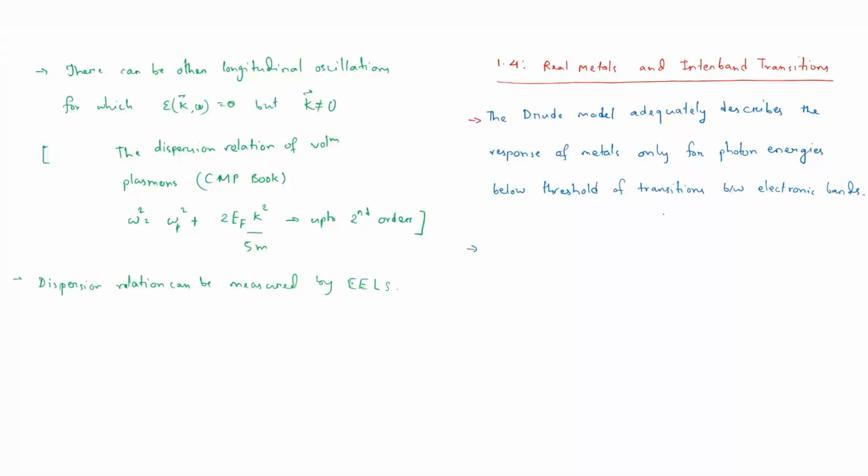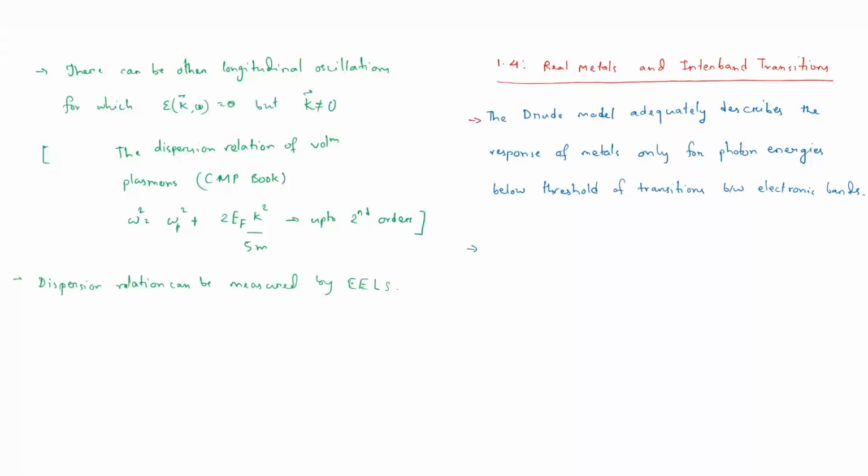The Drude model works only for photon energies which are below this threshold between the electronic bands. Some noble metals have interband effects that start to occur from 1 electron volt already. For example, for gold the Drude model fails to explain the dielectric function in the visible to NIR region.